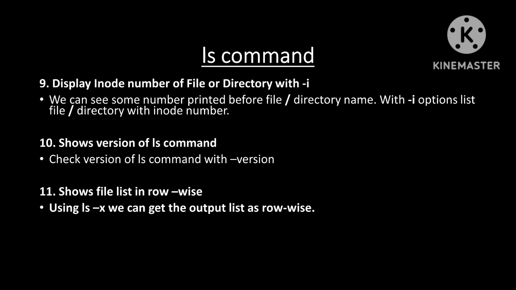So --version will provide the version that is currently used in Linux. Lastly, if you want to see the list row wise, then the option is -x. So ls -x will give the output list row wise.